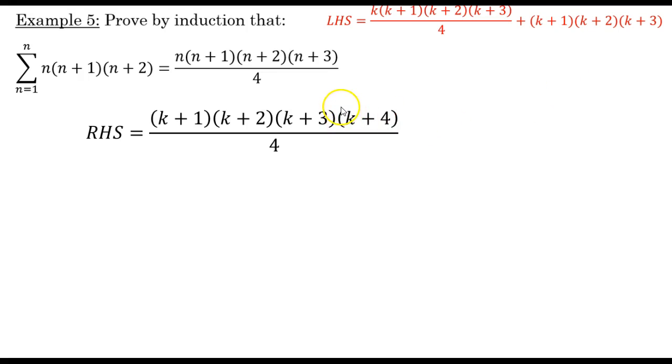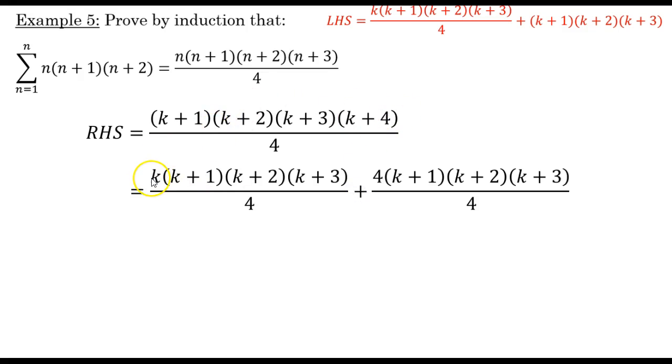What I'm going to do is take that last factor here of k plus 1 and distribute it amongst the rest of the expression. So I'm going to do k times this stuff plus 4 times this stuff. So k times these things plus 4 times the same things.